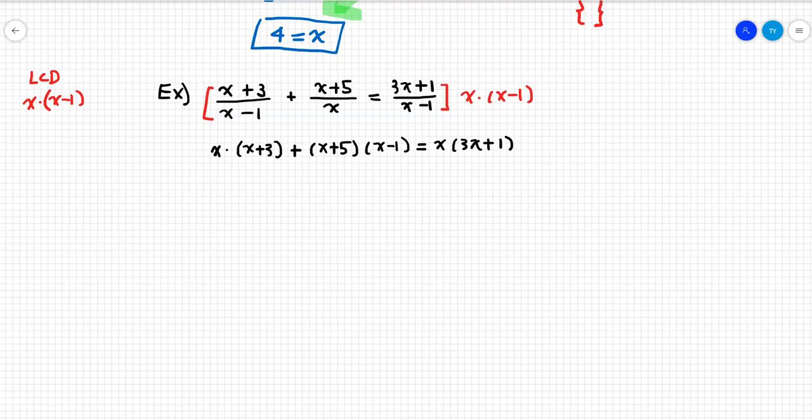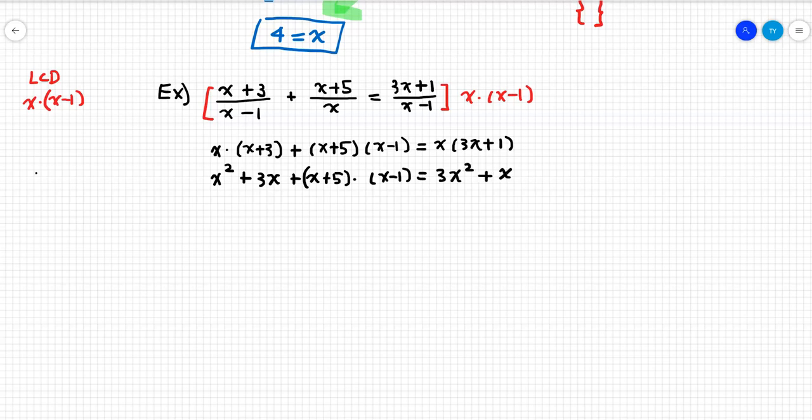Alright, now we're going to multiply these out. So you get x squared plus 3x, plus, now we still have to do this x plus 5 times x minus 1. I'm going to come back to this one. On the right hand side, I have 3x squared plus x.